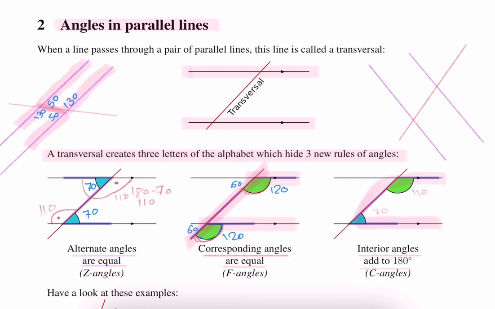And if we look at this example here, I believe that you can recognize the alternate angles which are equal in measure. As you can see, 50 and 50, also 130 and 130, and you can recognize the co-interior pairs of angles which are on the same side, 130 and 50.